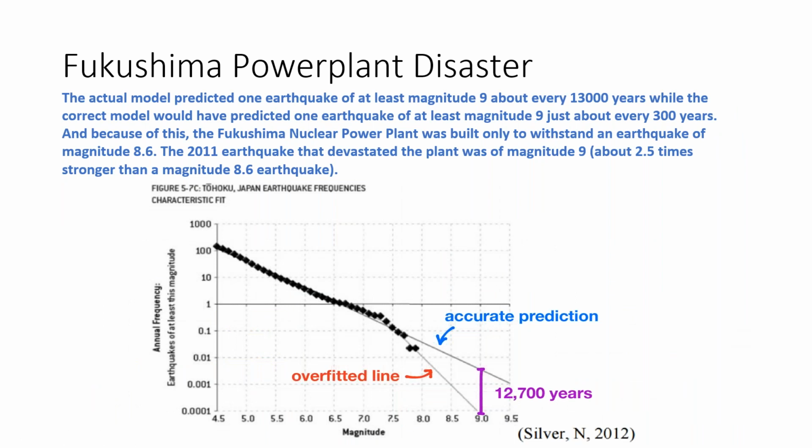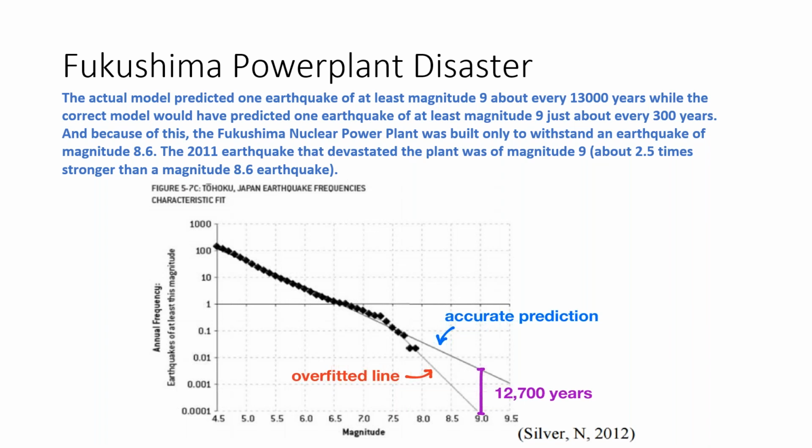Just to cover the Fukushima power plant disaster: the actual model predicted one earthquake of at least magnitude 9 about every 13,000 years, because we gave too much flexibility to understand the data and made it an overfitted model. The correct model would have predicted one earthquake of at least magnitude 9 about every 300 years.